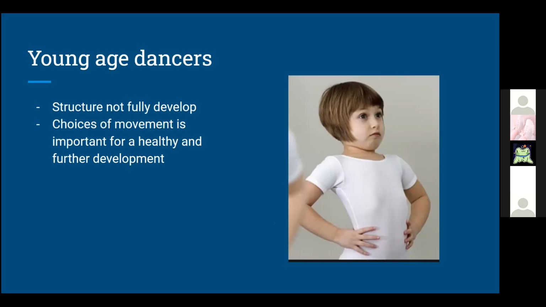So the choice of movement, the dance conditioning, basically, is important for building young dancers for long-term and further development. Now, as you can see in these pictures, I'm sure you see this posture in most of your children, right? They flare out the ribs.